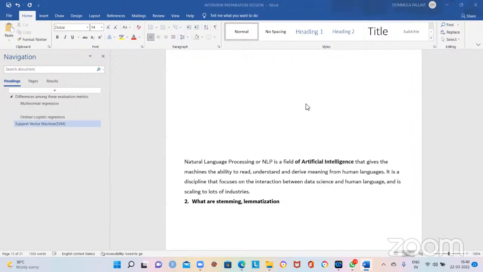NLP is a field of artificial intelligence that gives machines the ability to read, understand, and derive meaning from human language. It is a discipline that focuses on the interaction between data science and human language and is scaling to lots of industries. So this is all about NLP, natural language processing.